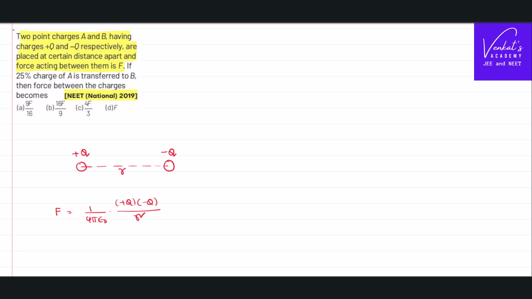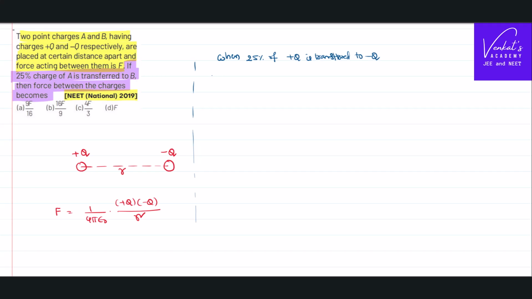What is next said is, if 25% of the charge of A is transferred to B, what will be the force between them? So let us talk about that part of the problem first. When 25% of the first charge, that is plus Q, is transferred to minus Q, what happens to plus Q now?